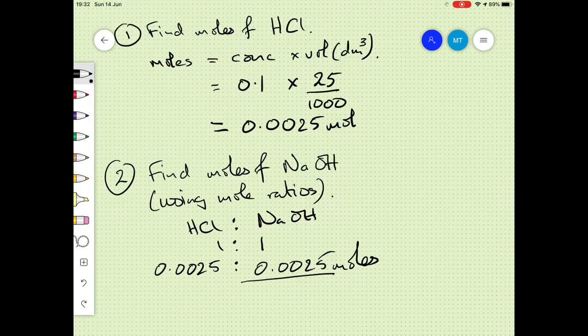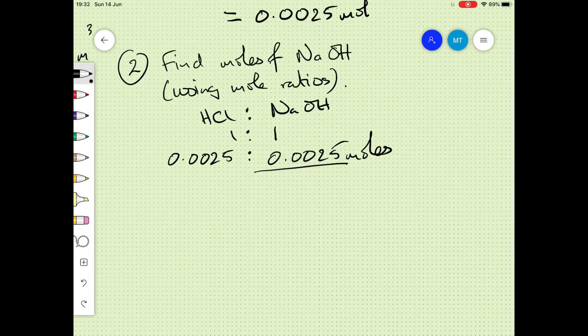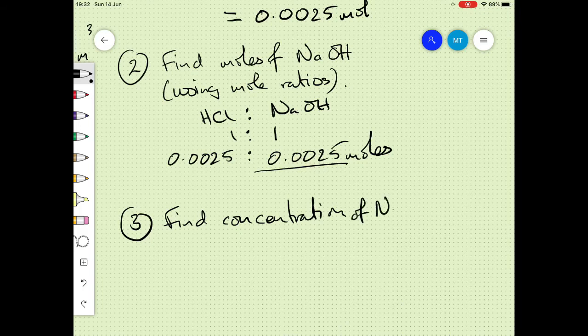Now step 3 is we're going to try and find the concentration of that sodium hydroxide. So find concentration of NaOH, and to do that concentration is moles over volume, but the volume has to be in decimeters cubed.